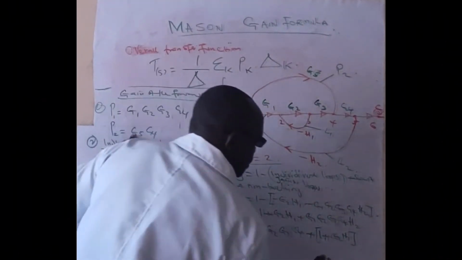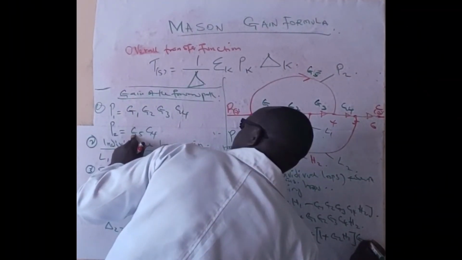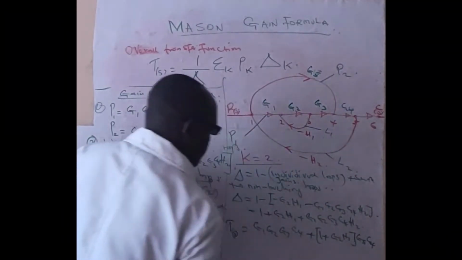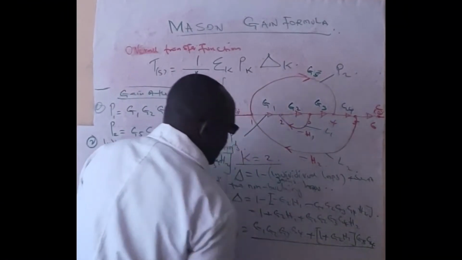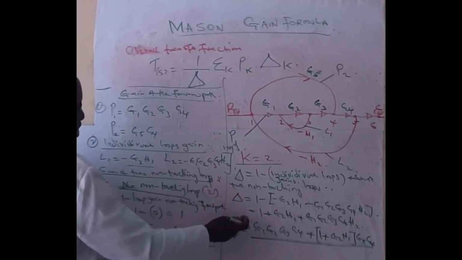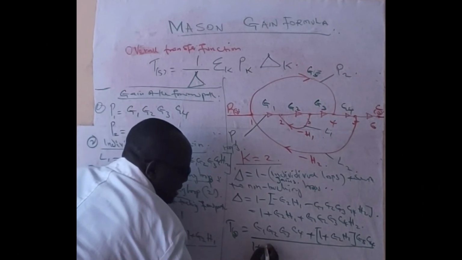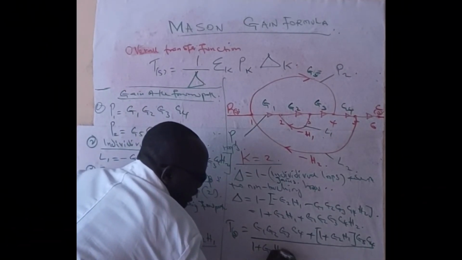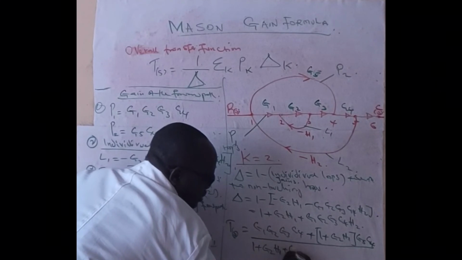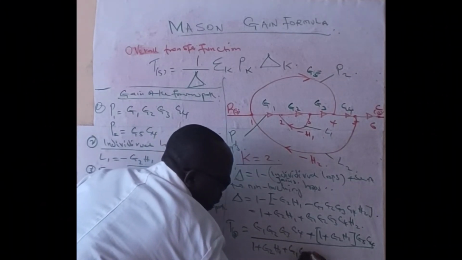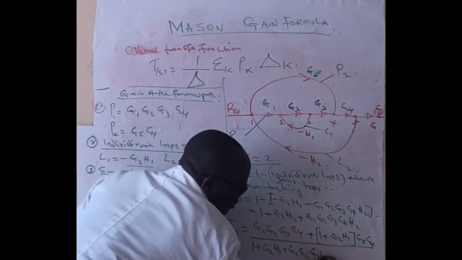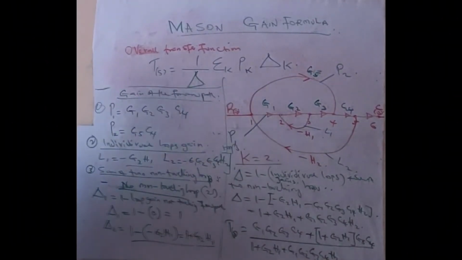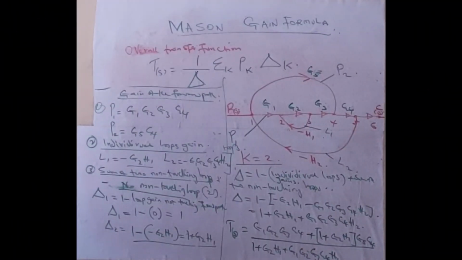G5 G4, and then all over the overall delta, which is given by 1 plus G2 H1 plus G1 G2 G3 G4 H2, and that will be the total or the overall transfer function of that signal flow graph.